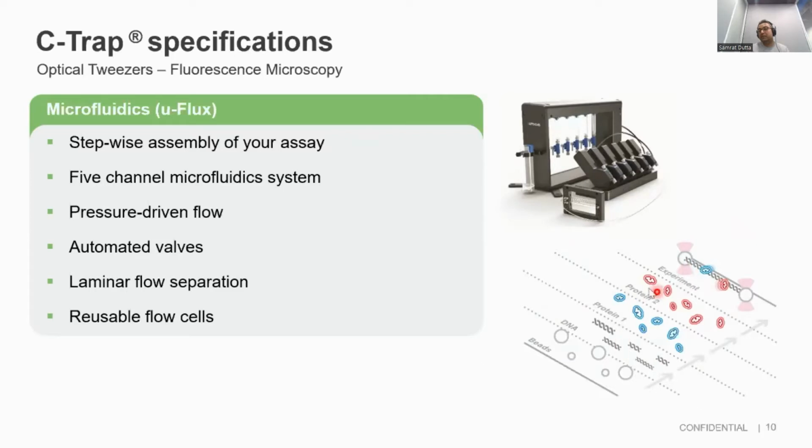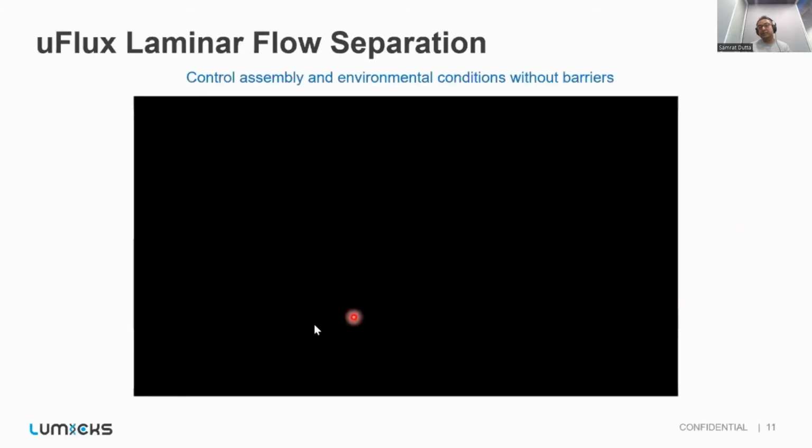The construction of this flow cell is based on laminar flow, which means there is no physical barrier between the channels, and a user can move biomolecules or particles from one channel to the other depending upon the application.